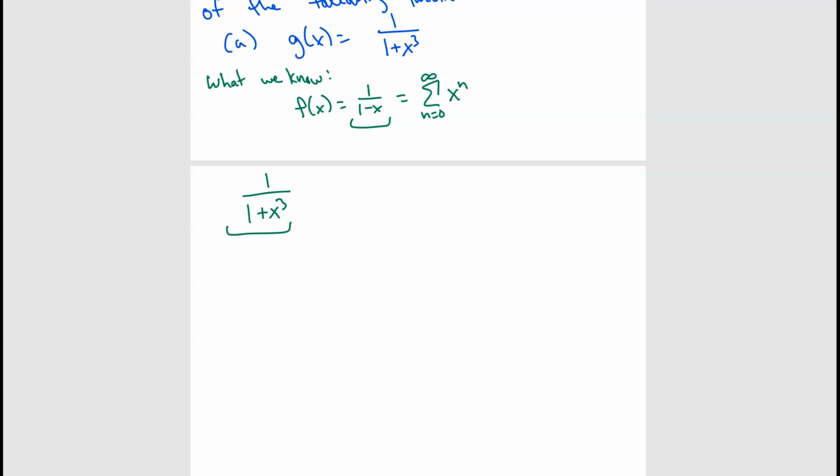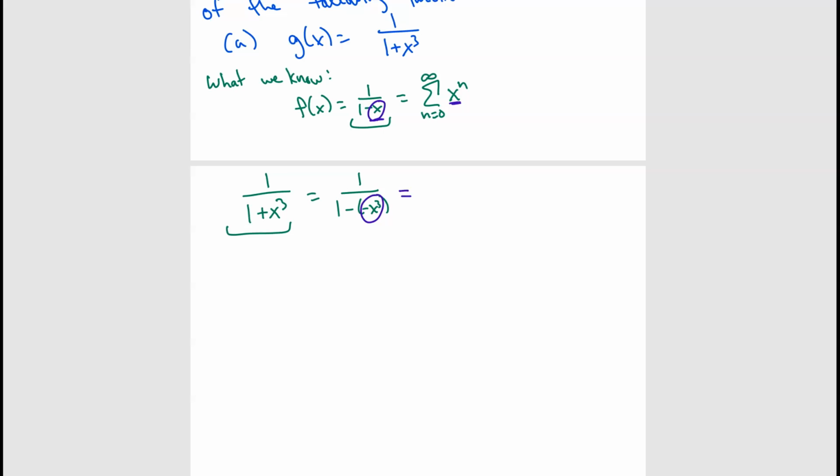Well, first I need a negative. So I can just write this as 1 over 1 minus negative x cubed, because a negative and a negative is going to give me a positive. Now, if you notice, this x that I have here can just be substituted by plugging in negative x cubed, because this x corresponds to this x.